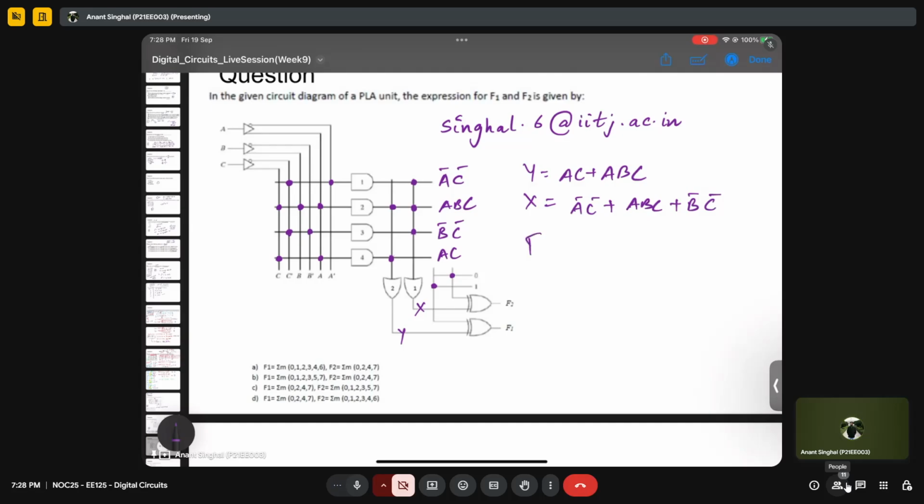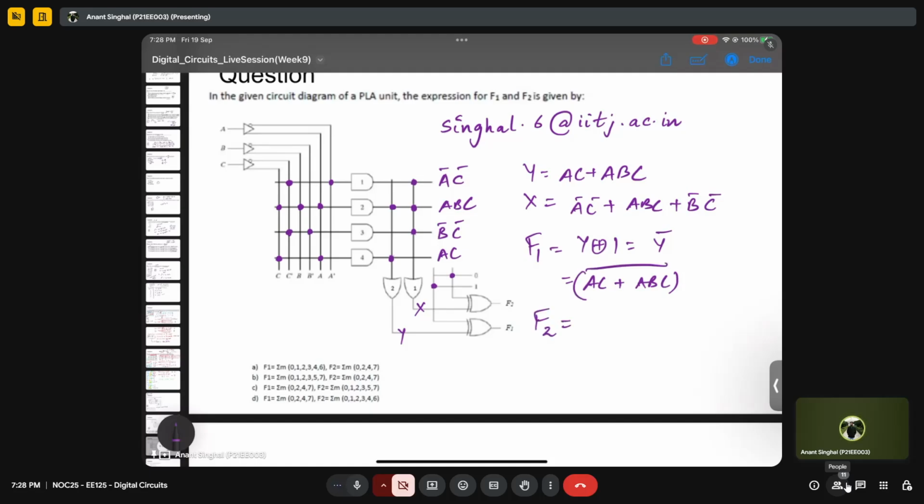Now F1 is Y XOR 1, which is actually Y bar. So this means (AC plus ABC) whole bar.